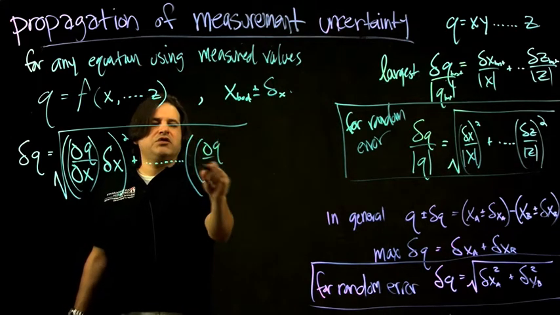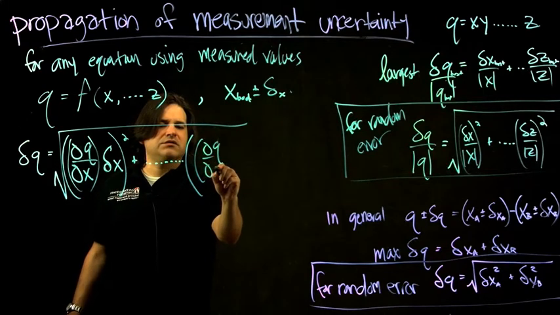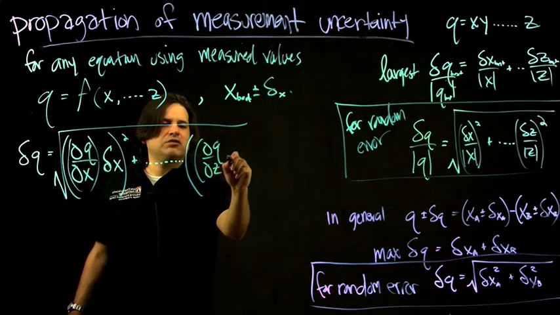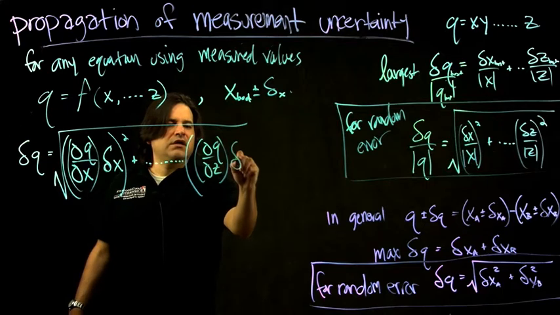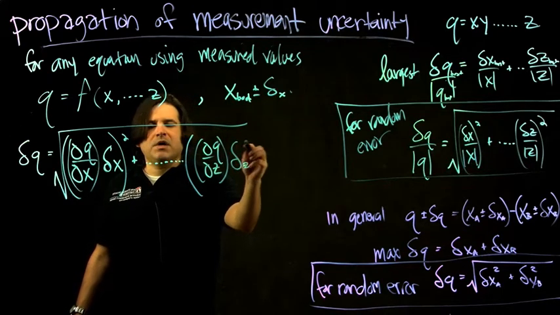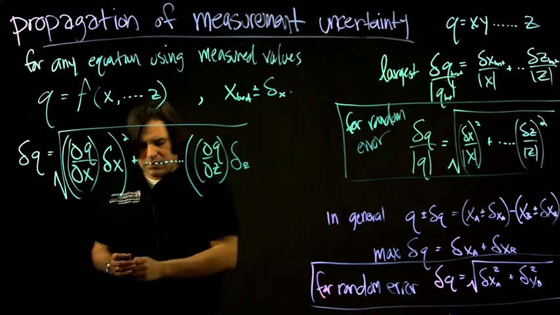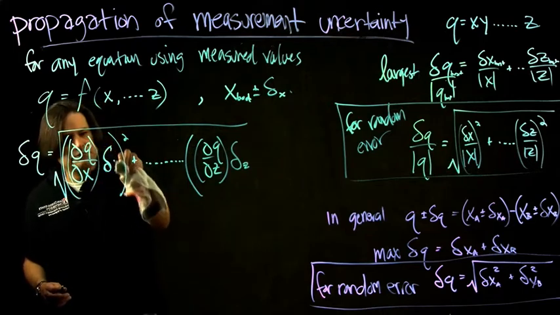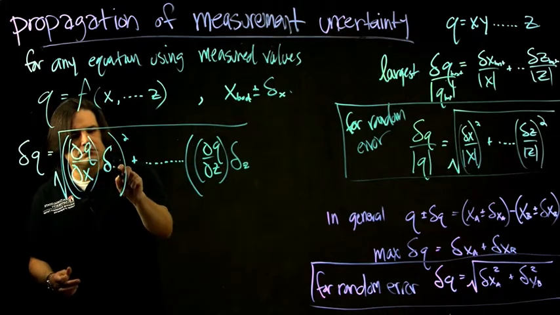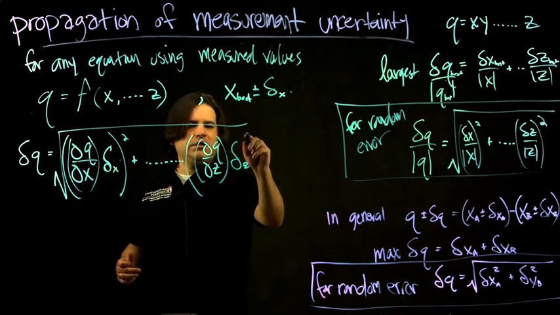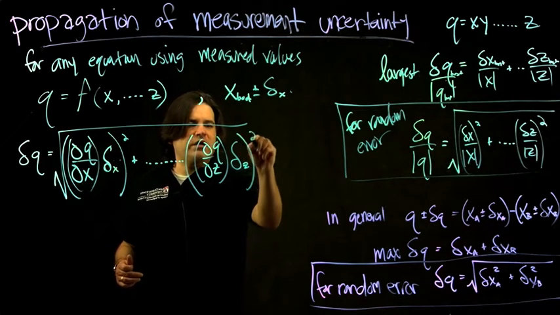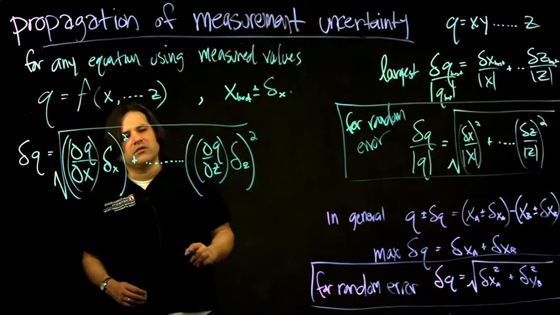There's this equation Q, it's a function of many different variables, and you take the partial derivative of each one and you multiply it by its uncertainty. And then you take the sum of all those squares, and then you take the square root of that.